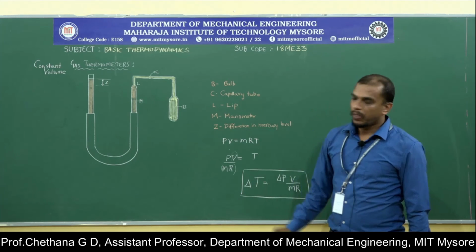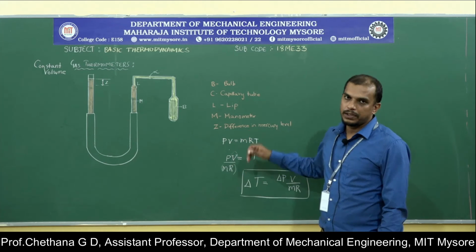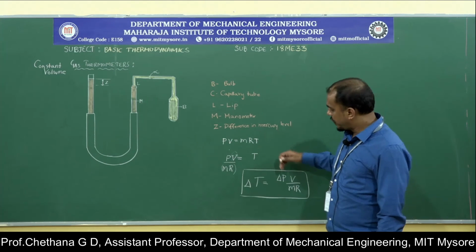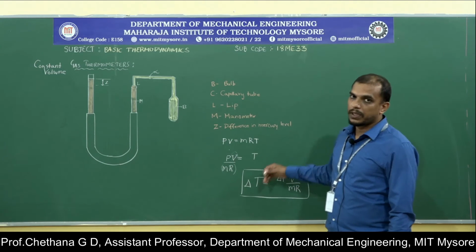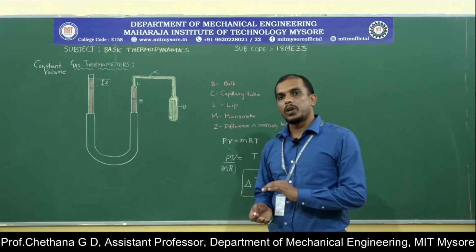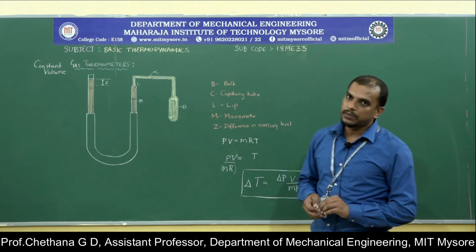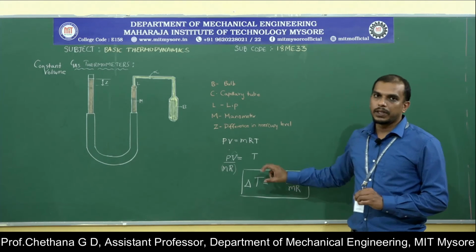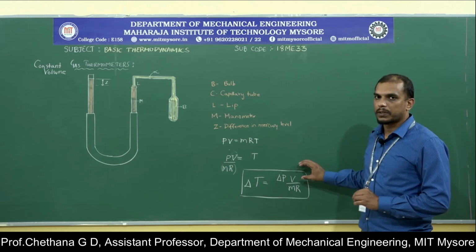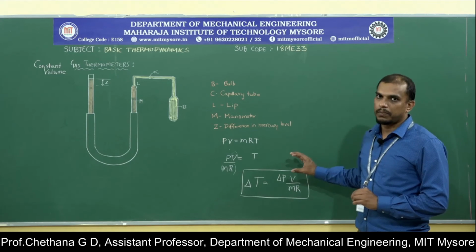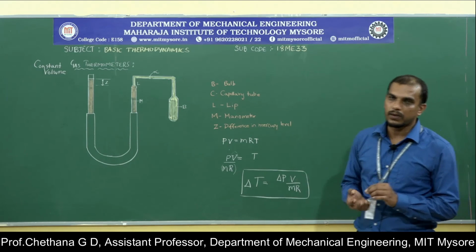That means we are measuring the change in temperature with respect to change in pressure if you keep the volume constant. By this way, we can measure the change in temperature with respect to change in pressure, keeping the volume as constant.